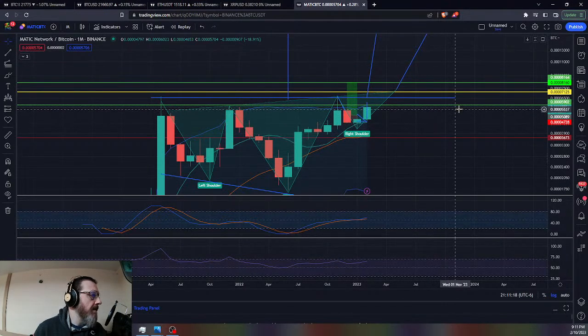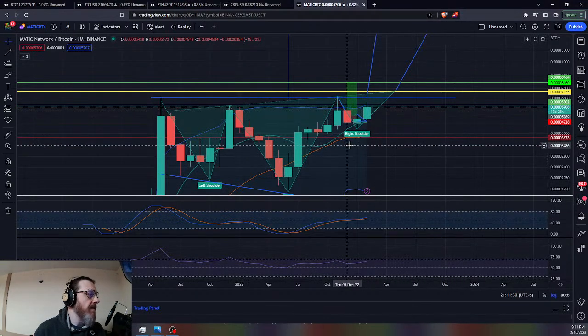So as long as Matic maintains monthly price action above, say, 54.88, and it's probably just a little bit lower than that. We'll look here. The open was actually 54.38. So let's say 54.50.